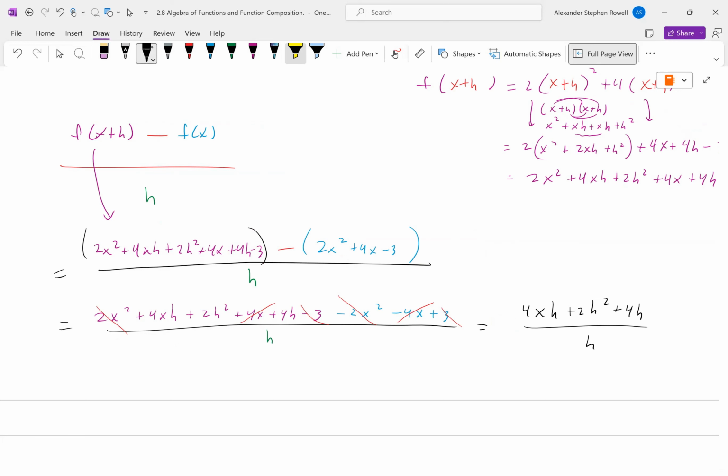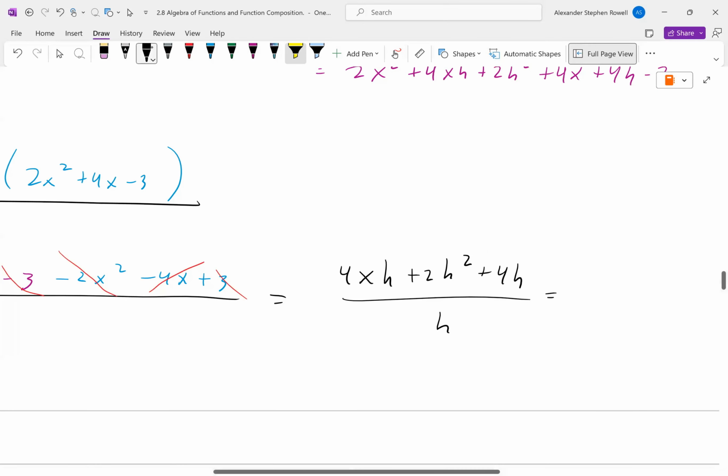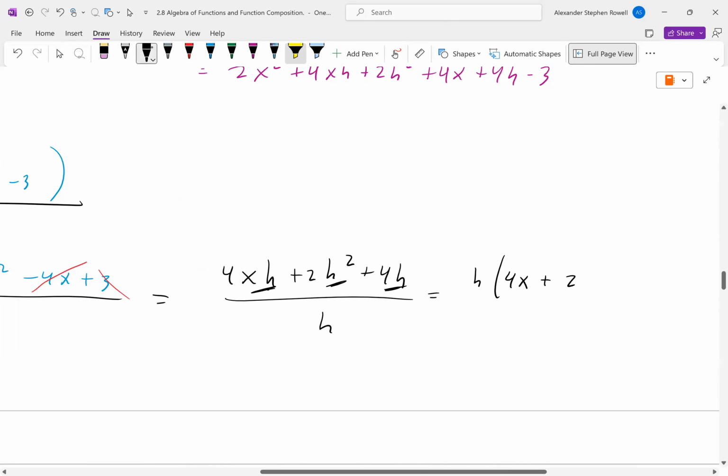I said I want to get rid of the h on the bottom. Does anyone see how we could do that? Yeah. How do we simplify? If they all have a common factor of h, I could factor it out, and I would get h times 4x plus 2h plus 4, all over h. Then these reduce.